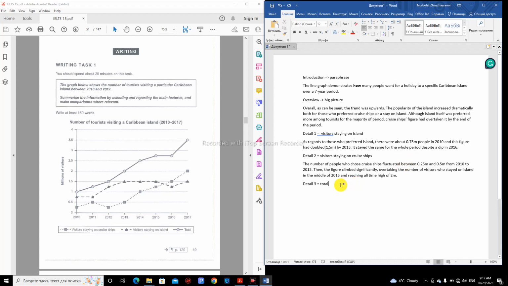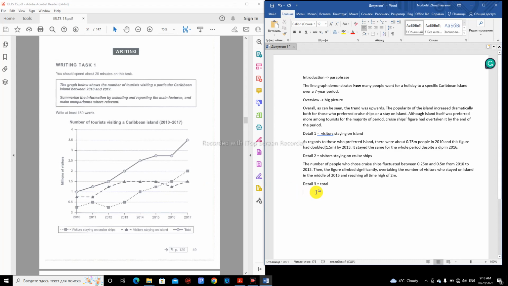And then I write about the total and what's happening. The figure increases, and we can just say it increased. I think one sentence would be enough here.